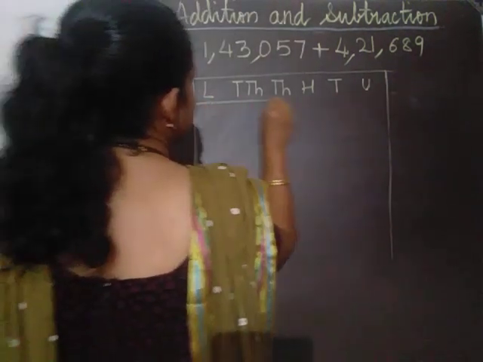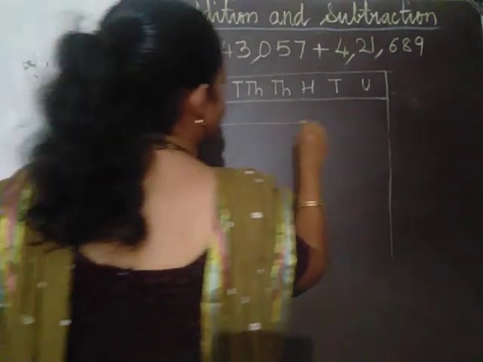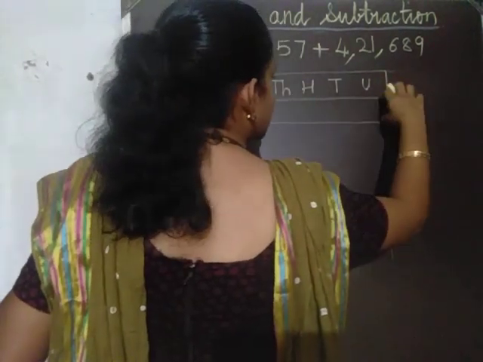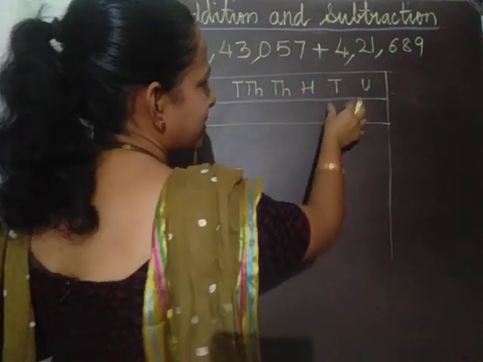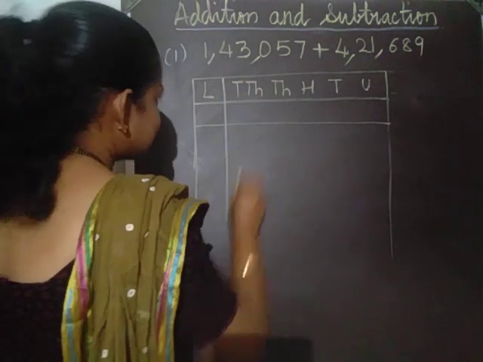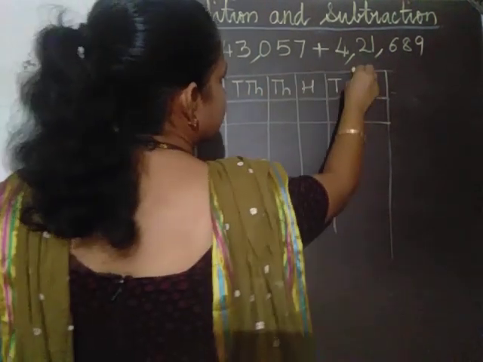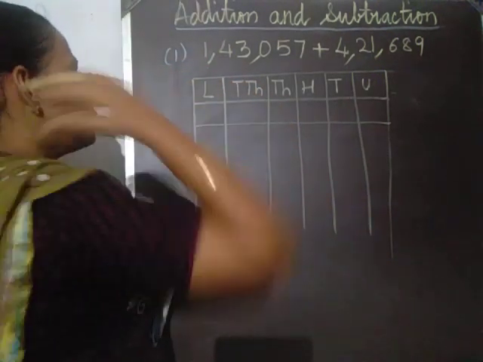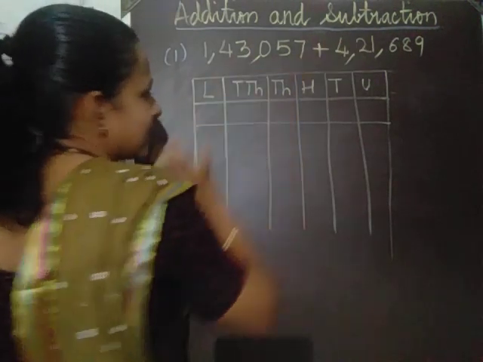So now let me draw like this. Let us keep one more row free, so that whenever we are carrying the numbers we can write here easily. Then we can draw the columns like this. And now we'll be able to write the digits of these numbers very easily.